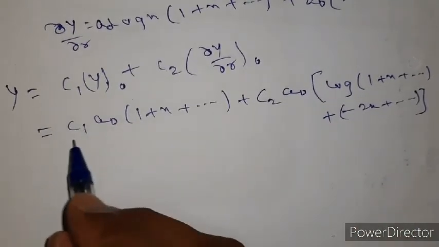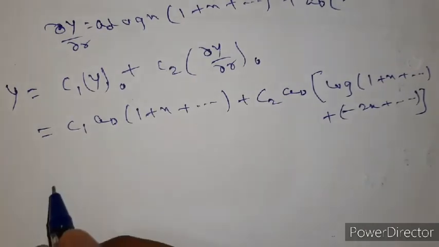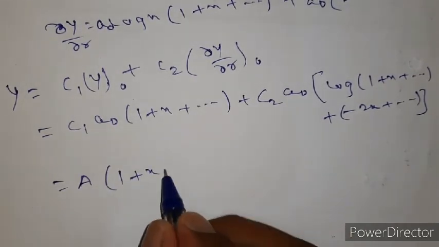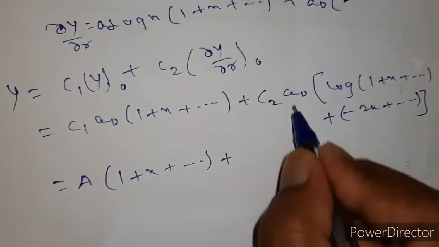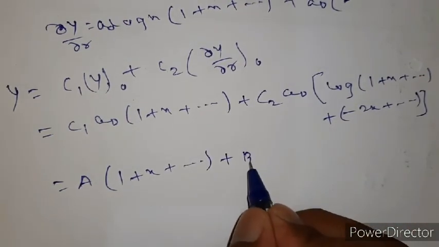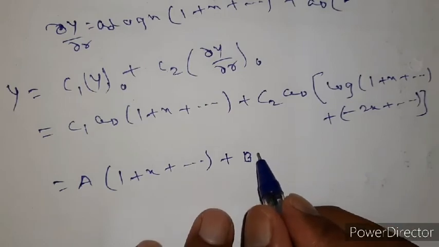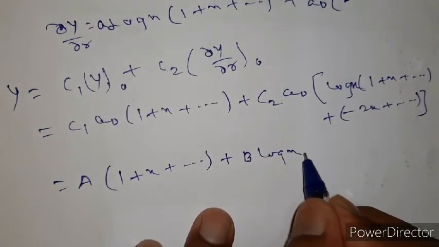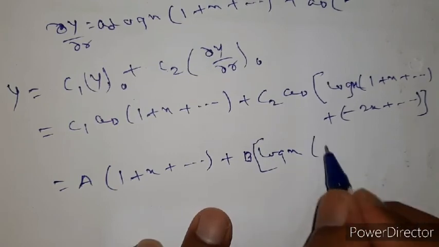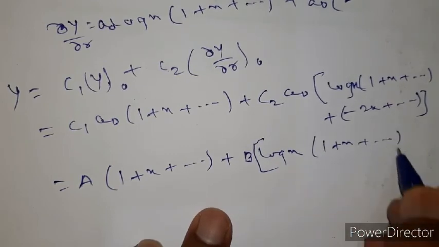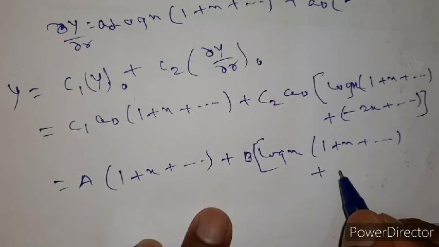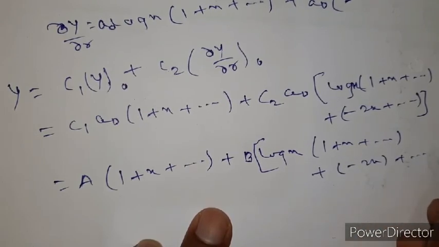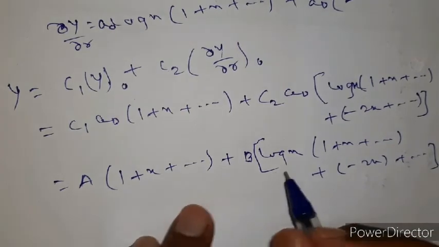Understood? So here you may take a bracket plus sign, correct? Instead of this a0 and c1 and a0, I can write a in bracket 1 plus x plus dot dot dot, plus here b in bracket log x (1 plus x plus dot dot dot) plus (minus 2x plus dot dot dot). You may take any constant instead of this.